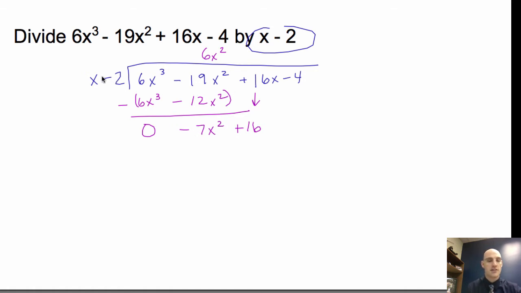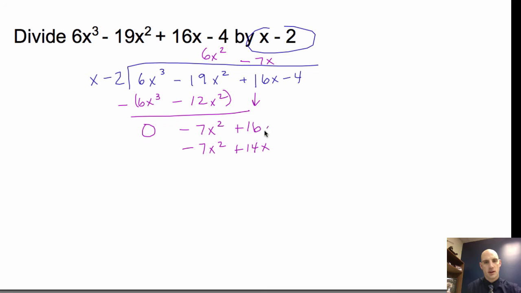This is my new term that I'm looking at. I'm asking myself, what do I multiply x by to get minus 7x squared? The answer is minus 7x, because minus 7x times x would be minus 7x squared. I'm trying to get this term, as I bring them down, by multiplying my lead term there. Then minus 7x times minus 2 would be plus 14x.